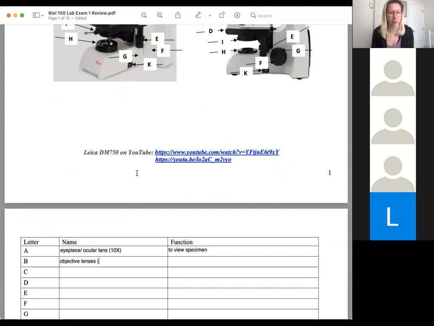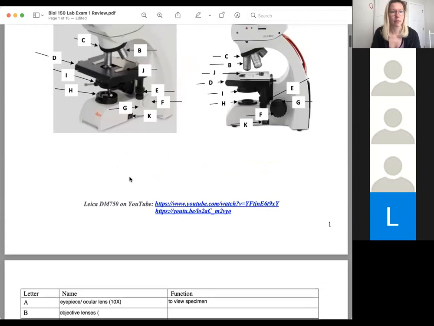So who would like to tell me what those magnifications are? 4x, 10x, 40x, 100x. Yes, very good. Yeah, so it's a 4, 10, 40, and 100.